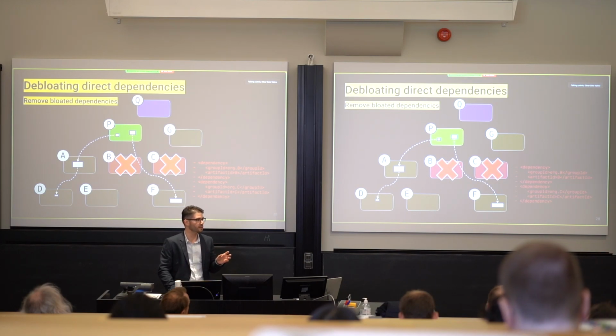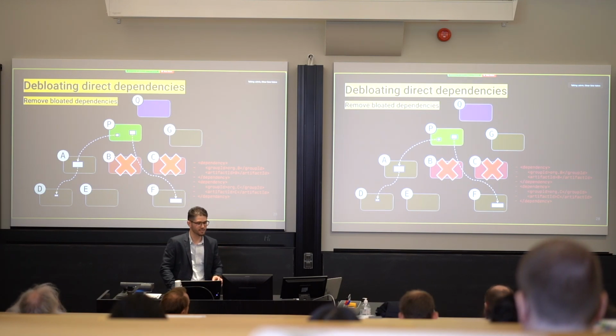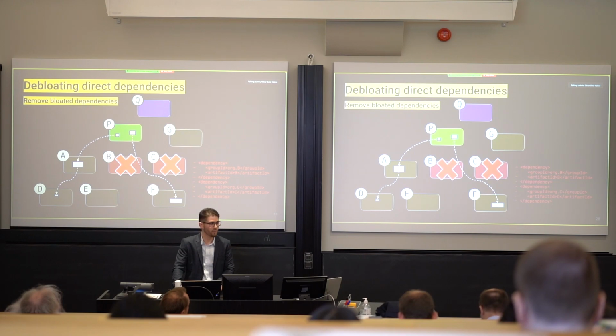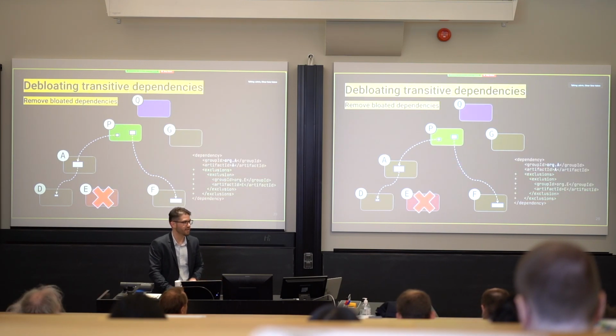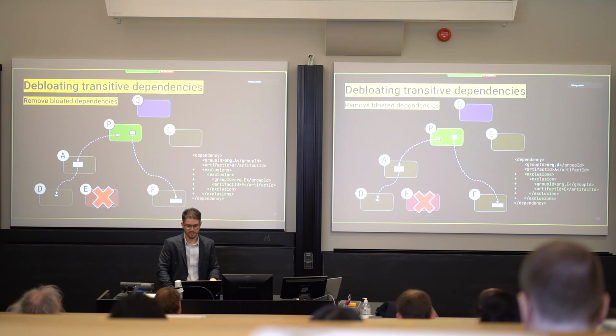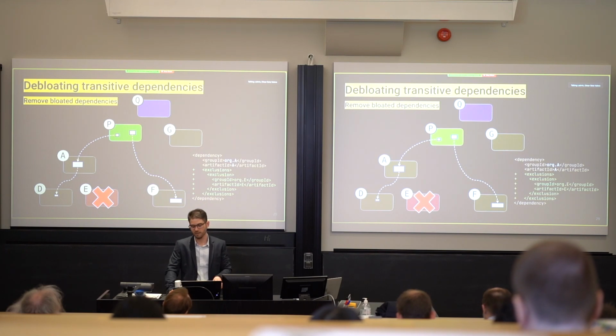So it's removing the entry from this XML, POM.xml document. And in order to remove the transitive dependencies, this is done in Maven by adding an exclusion clause in the entry of the direct dependency, which contains this transitive dependency that is not necessary.